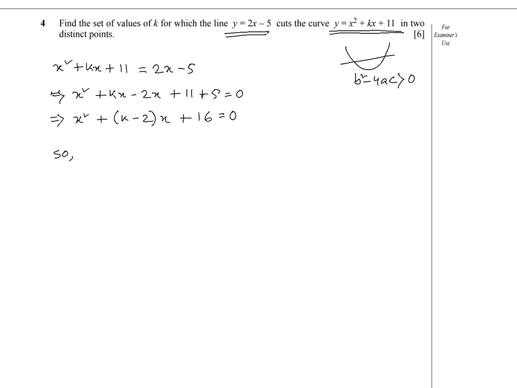Since the line cuts the curve at two different points, we can write b squared minus 4ac greater than 0. Here for our equation, a is 1, b is k minus 2, and c is 16. Let's use those values to write in the next line (k minus 2) whole squared minus 4 times 1 times 16 greater than 0.